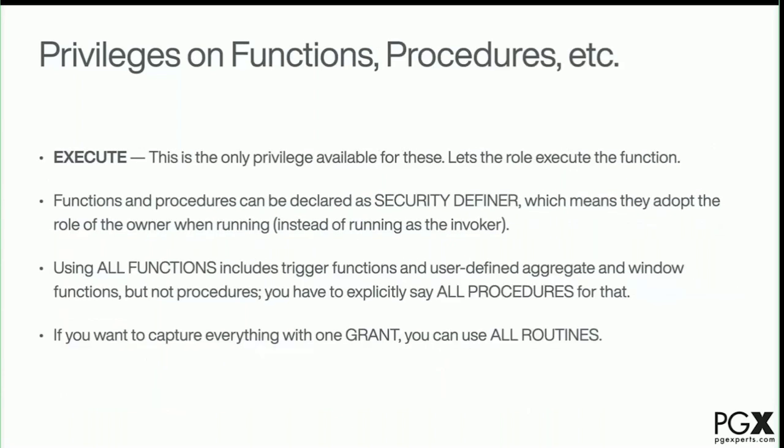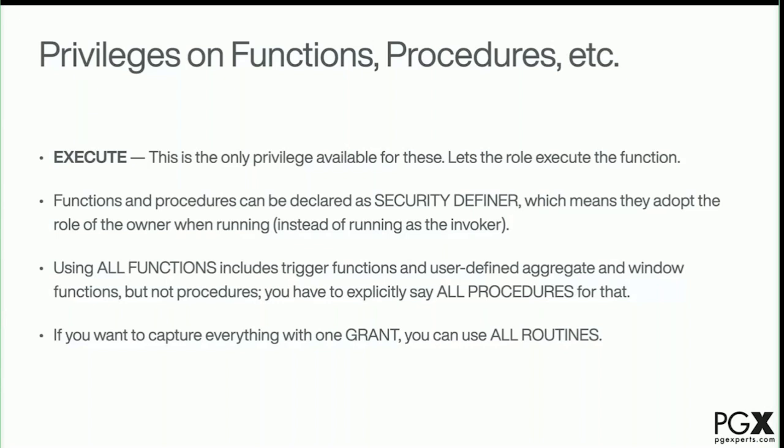Functions and procedures only have one privilege, which is execute. It lets the role execute the function. Okay, great. I'm using the term function loosely here, because if you use all functions, procedures are different in this case. So if you grant a role privileges on all functions, you haven't granted it on all procedures.